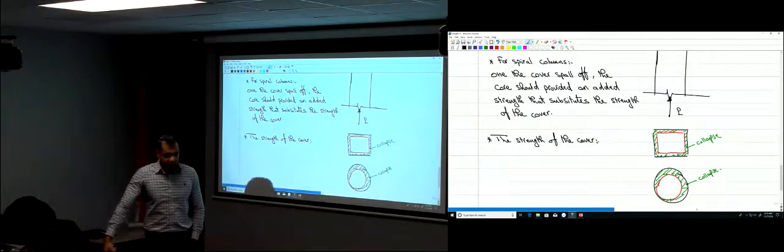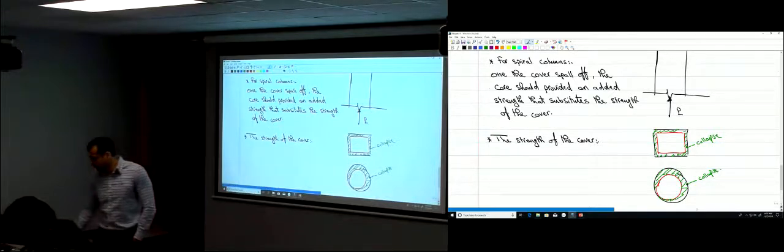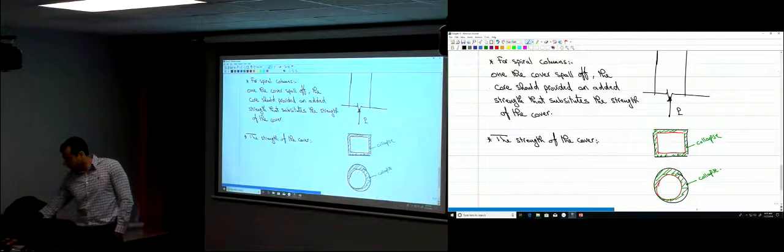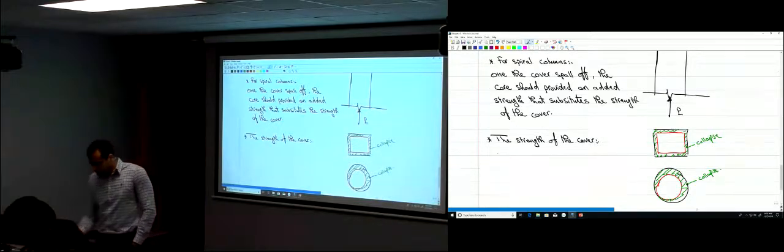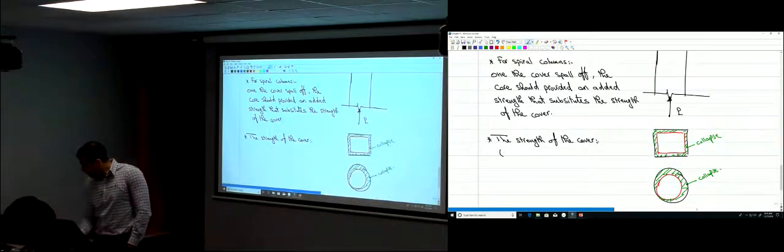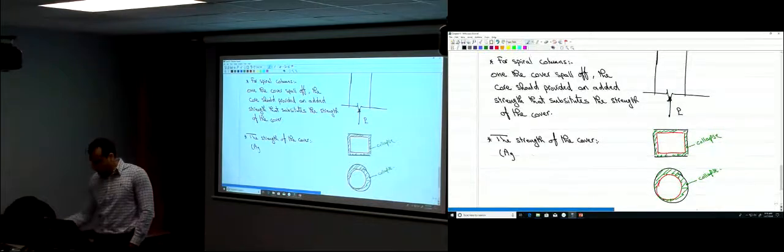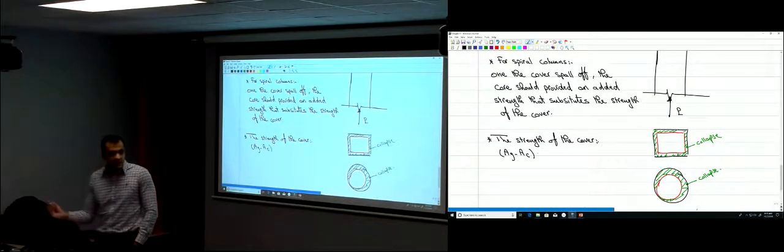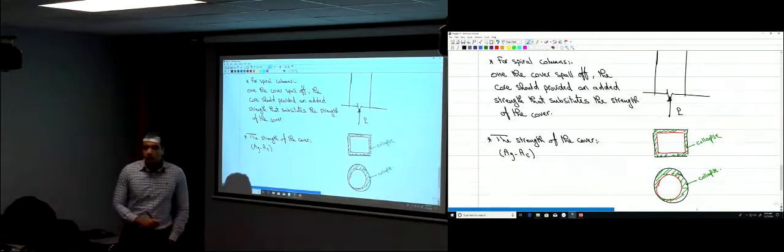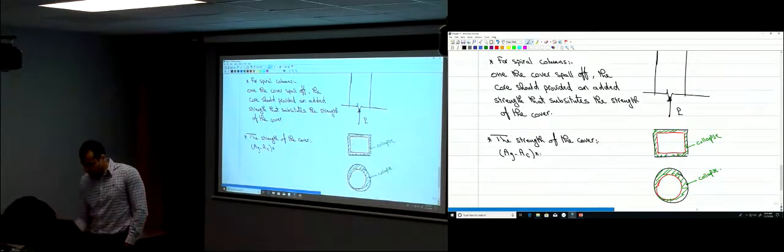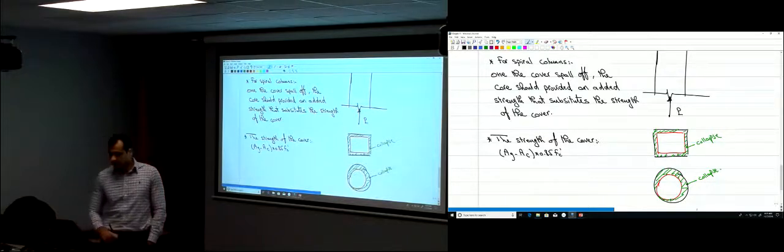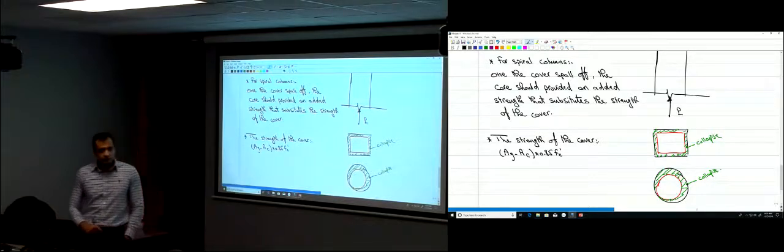The area of the cover, right, multiplied by the stress, which is 0.85 Fc prime. The area of the cover is the gross area, the area of the column, minus the area of the core. That's the area of the cover, multiplied by the stress, which is 0.85 Fc prime. That's the strength of the cover.